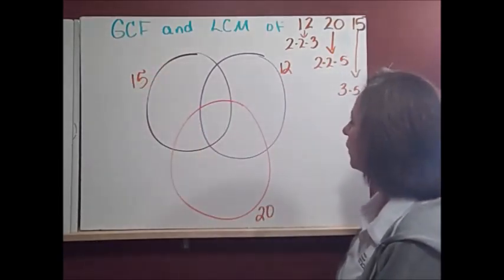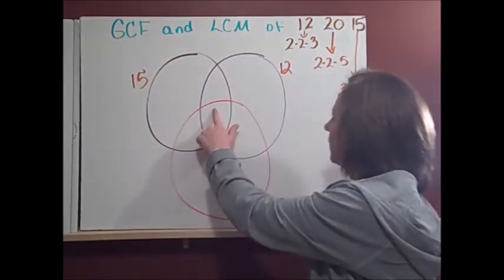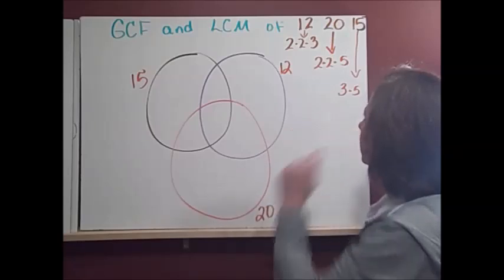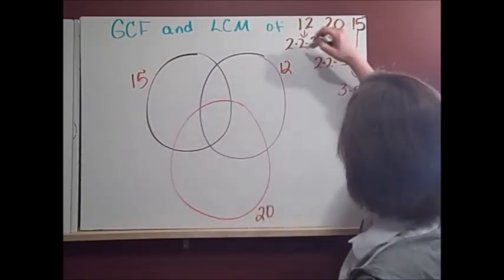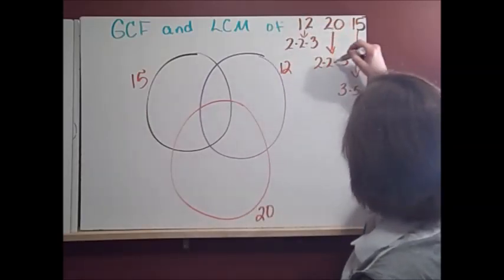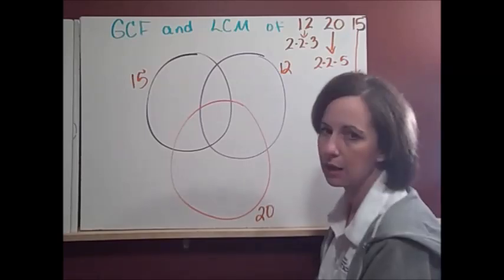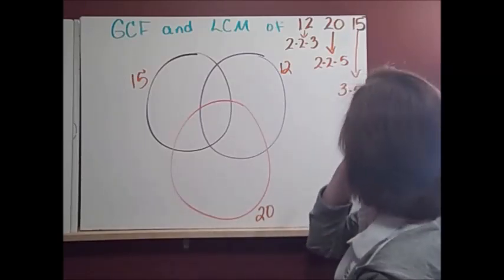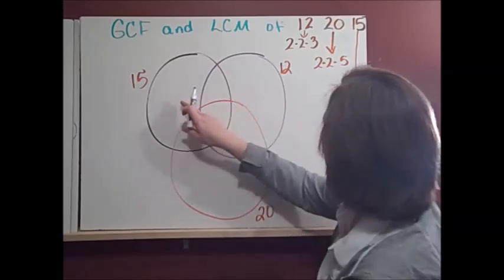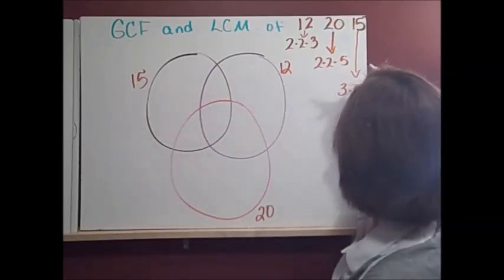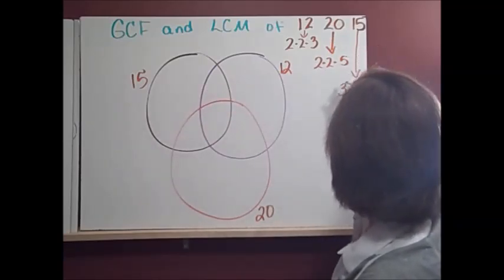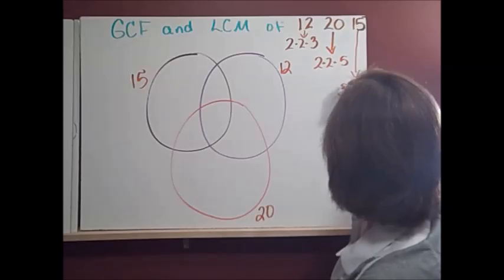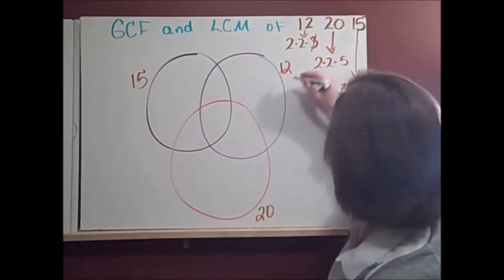So what I see that is going to go in here is what's in every single column. And if you'll notice, I don't have anything in every single column. So let's look at what 12 and 15 share. 12 and 15 share a 3.